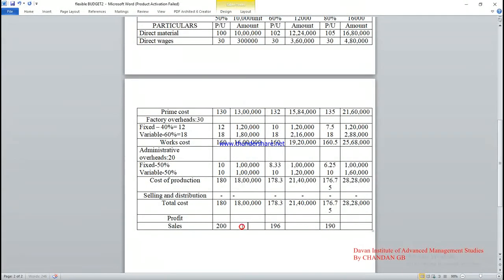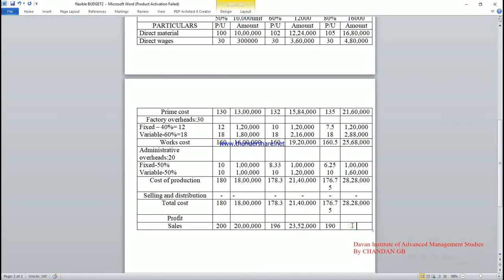Next, find out the amount with the given formula. 200 into 10,000 units, that is 20 lakh rupees. 196 into 12,000 units, that is 23 lakh 52,000 rupees.